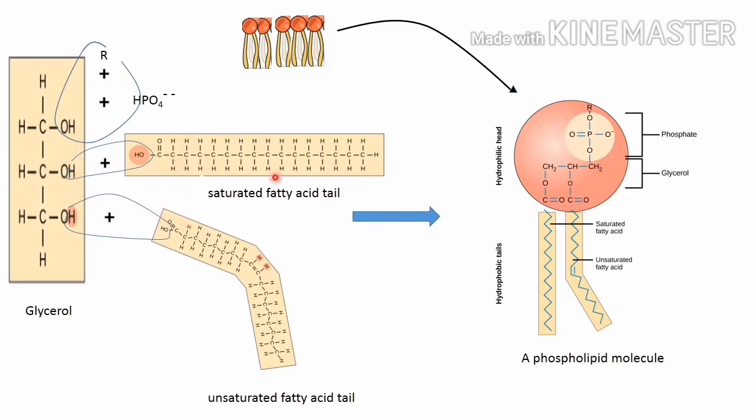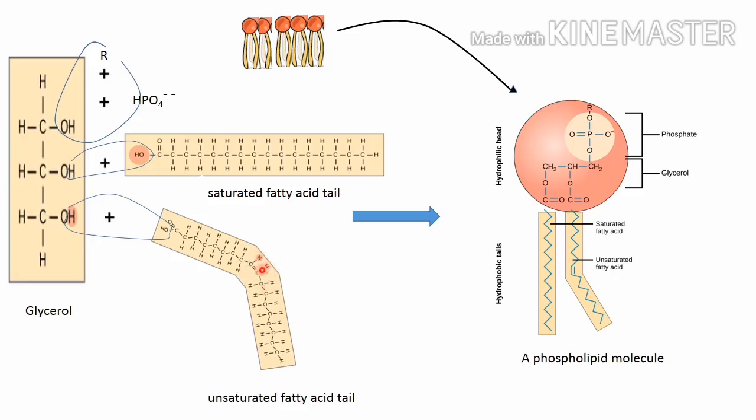This fatty acid tail is without any double bond, so this is a saturated fatty acid, whereas this other fatty acid molecule has a double bond, and this double bond is in cis condition because both the hydrogens are projecting in the same direction.